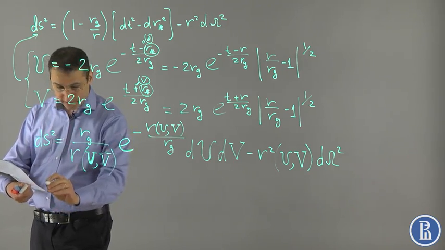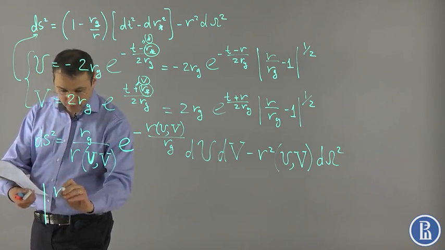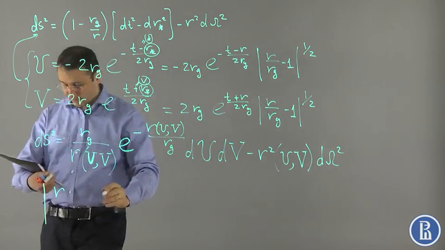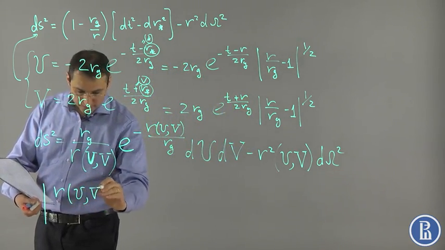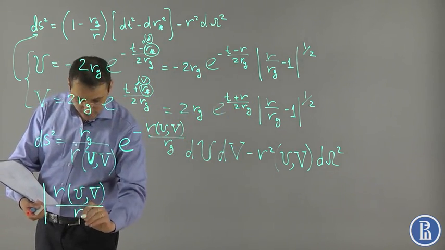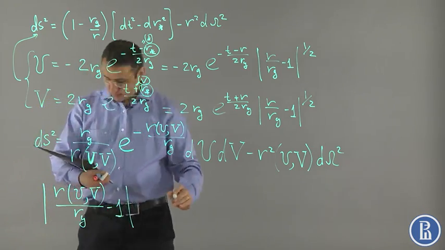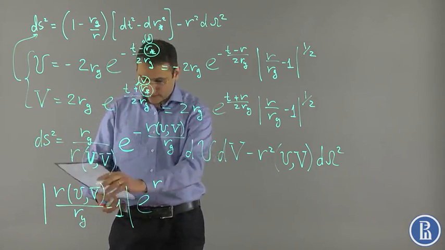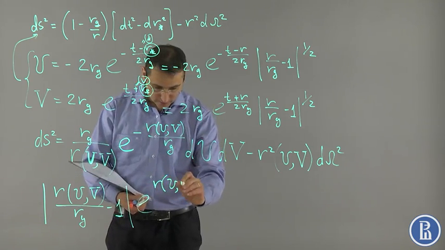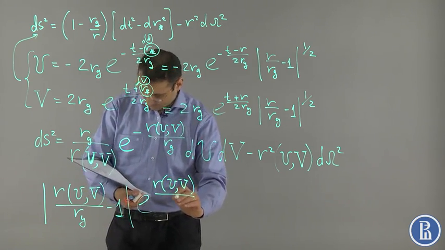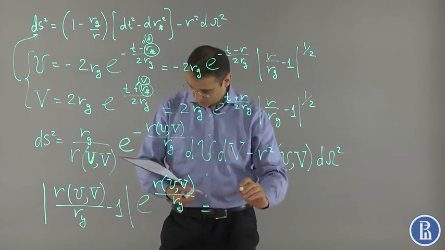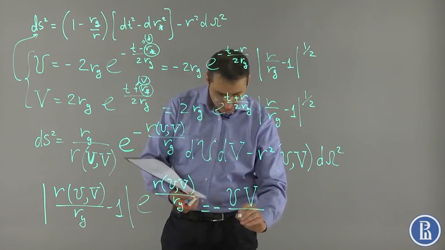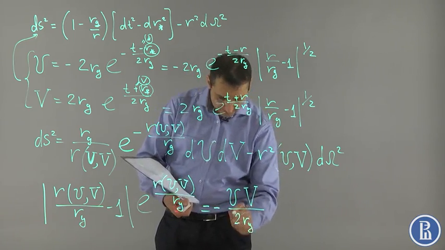It is easy to see that if we just multiply this by this, one will get rid of t, and then the function r of U and V divided by rg minus 1, multiplied by the exponent, so this is the expression defining this implicit function r of U and V divided by rg, is equal to minus U times V divided by 2rg squared.